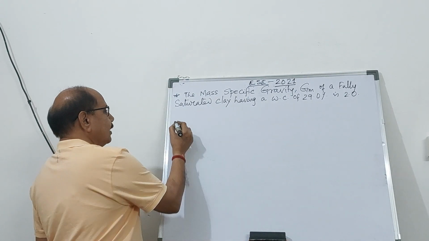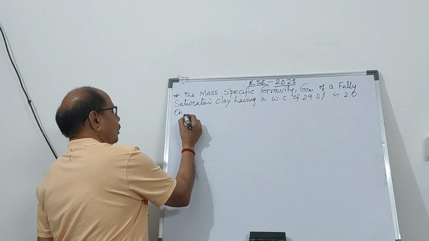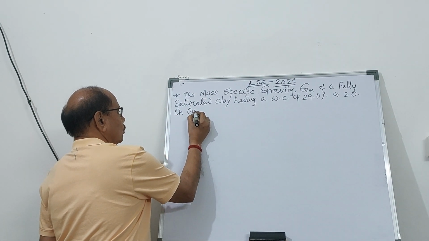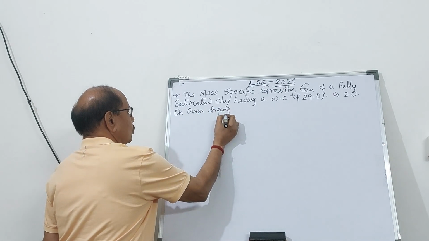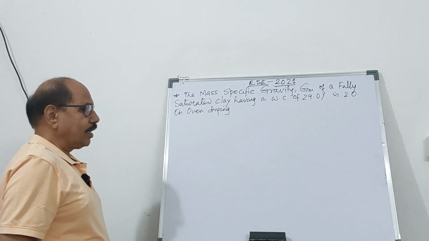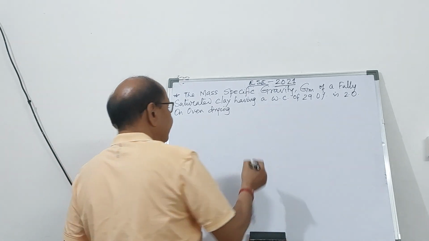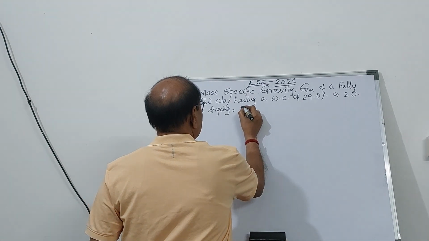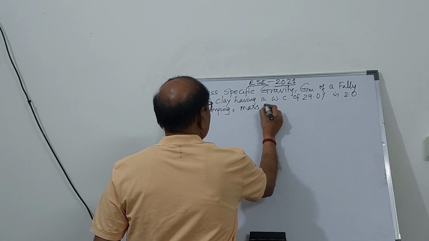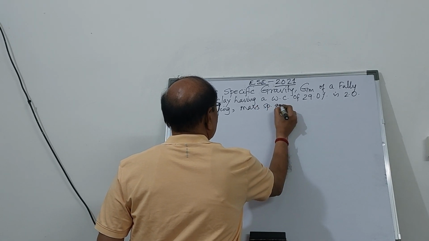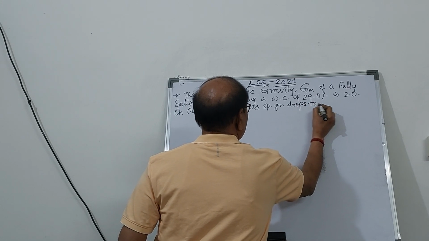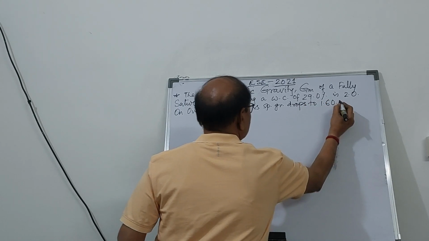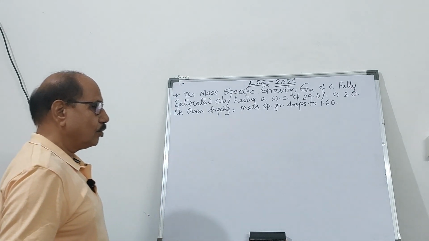On oven drying, mass specific gravity drops to 1.60.